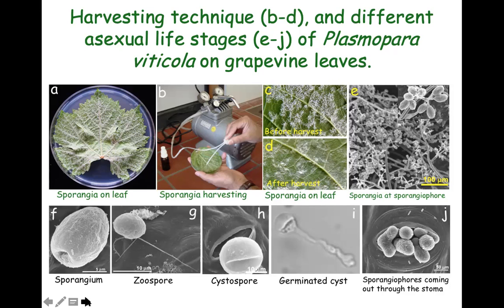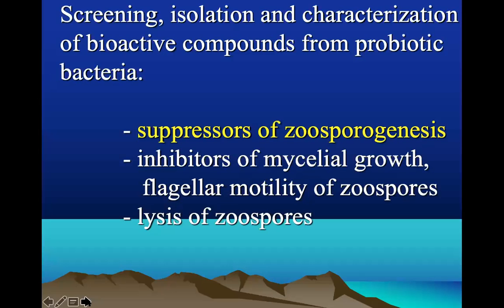So I studied some compounds, whether they can suppress the zoosporogenesis process, that is the release of zoospores, as well as whether compounds can inhibit the mycelial growth or flagellar motility and cause lysis of zoospores.